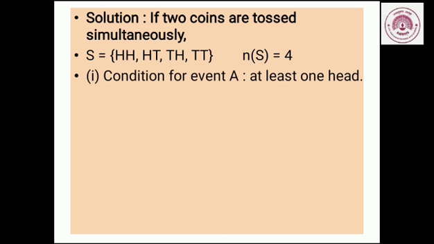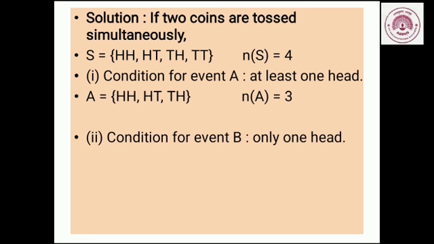As we have seen before, at least one head means we have to select outcomes with one head or more than one head. HH is having more than one head, HT and TH are having one head. Therefore A is equal to {HH, HT, TH}, and number of elements in set A is equal to 3.